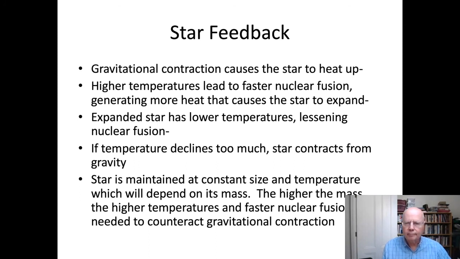Stars have a feedback. The gravitational contraction is causing the star to heat up. That makes higher temperatures and faster nuclear fusion. That generates more heat, and that causes the star to expand. The expanded star has lower temperatures, lessening nuclear fusion, and the star starts to contract. So you have these two feedbacks, one causing the star to expand, the other causing it to contract, two opposing forces.